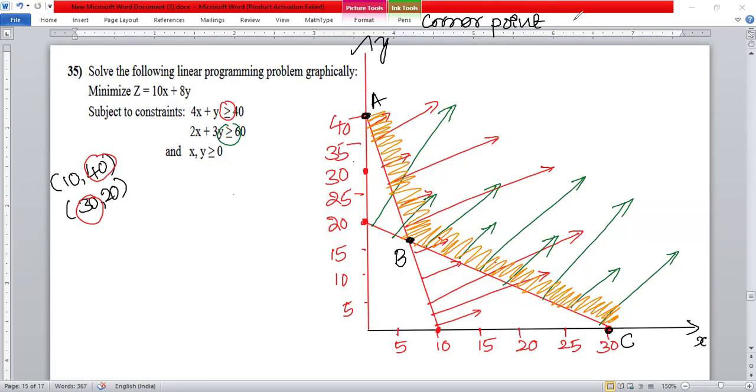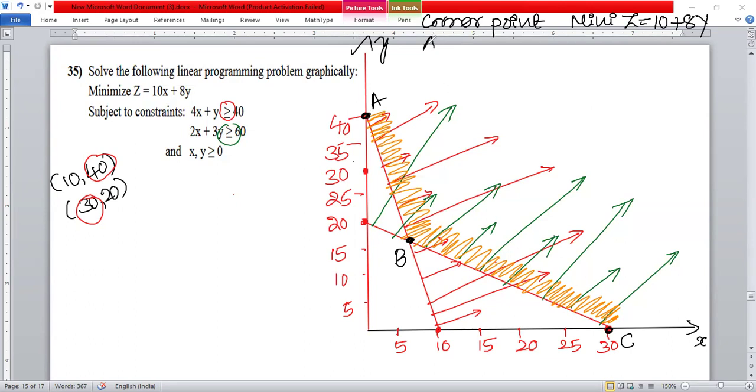So corner point, and the first one, minimize Z is equal to 10x plus 8y. In maximization this type of sum does not come. So this is unbounded, you have to stop here. But for a minimization problem with an unbounded solution, we should take the corner points, the starting position of the corner point, this area.